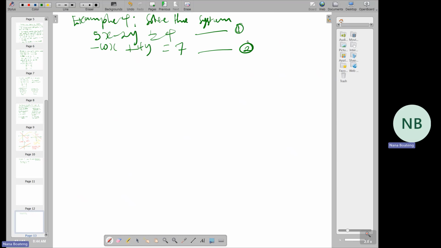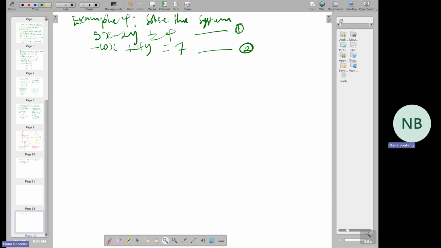If I multiply the first equation by 2 and add both equations, then I can get rid of the x in the resulting equation. So I'm going to use the elimination method, and what I'm going to do is multiply equation 1 by 2.